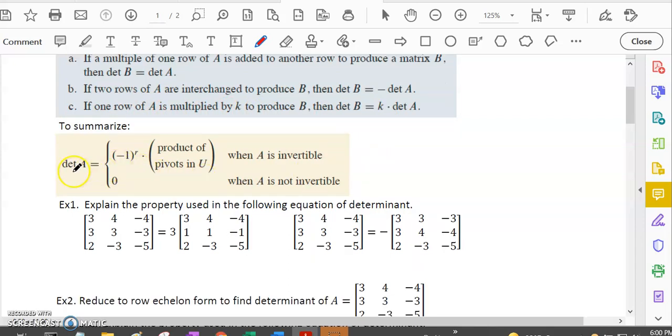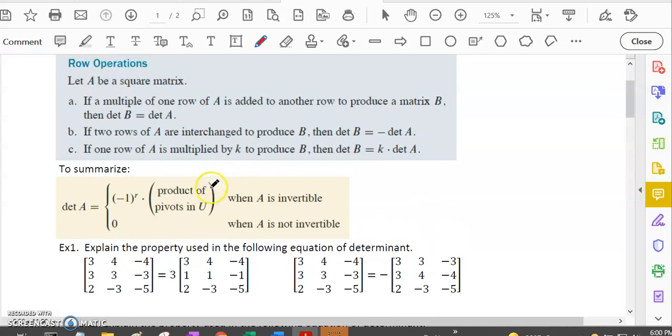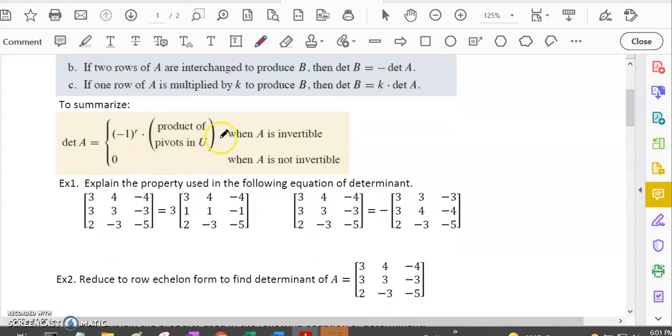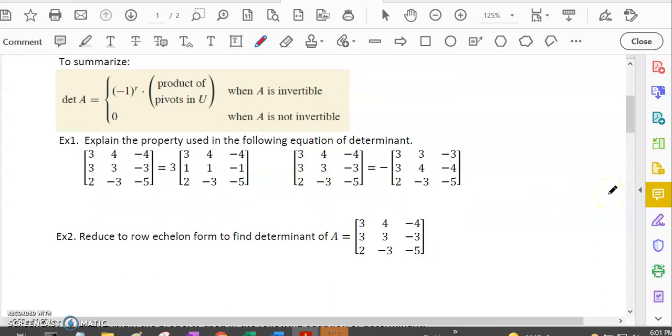To summarize, the determinant of A is the product of the pivots and all the elementary row operation factors, and it will be 0 if A is not invertible. Every row operation corresponds to an identity matrix with some changes, which we talked about in chapter 2. So for example, let's explain the properties using the following determinants.